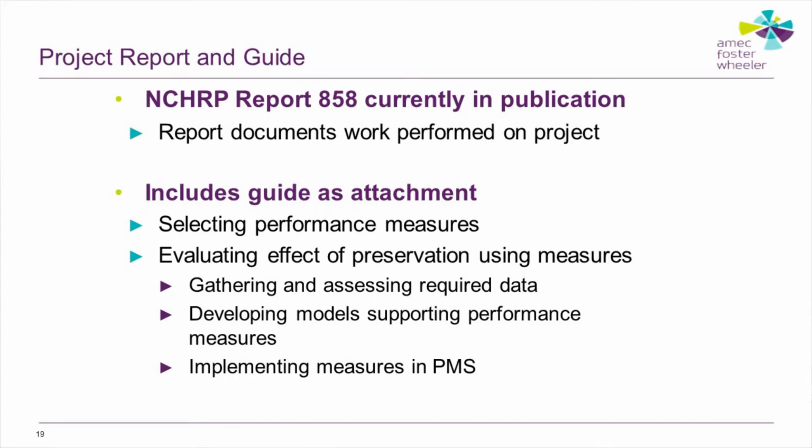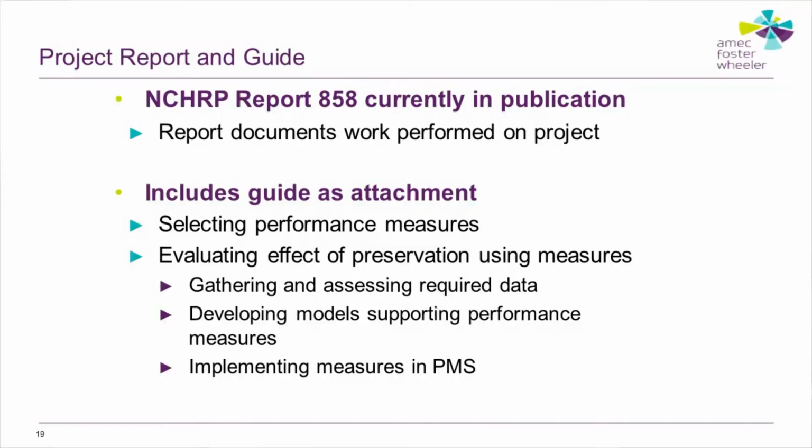Now, besides all of the information that I've presented here in a lot more detail, there is a guide as an attachment to help agencies implement performance measures or performance models into their practices. The guide basically addresses, number one, the selection of performance measures. We recommended 4 measures, but an agency can decide to implement whatever measures best fit the strategic objectives of that agency.